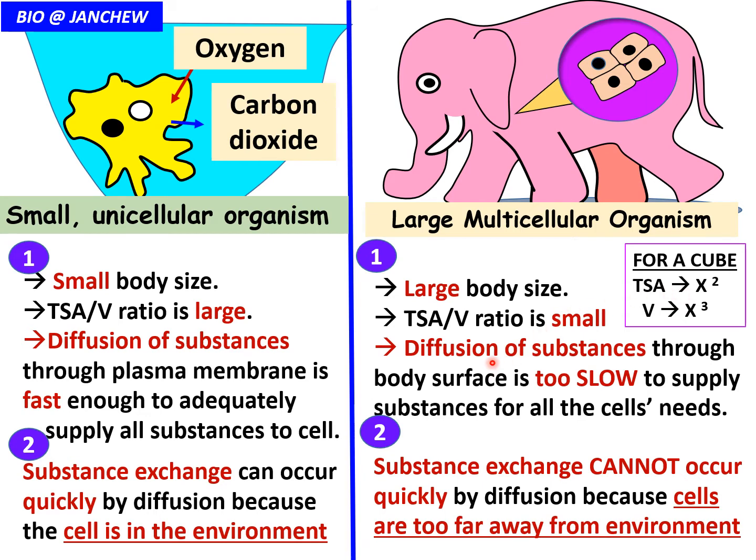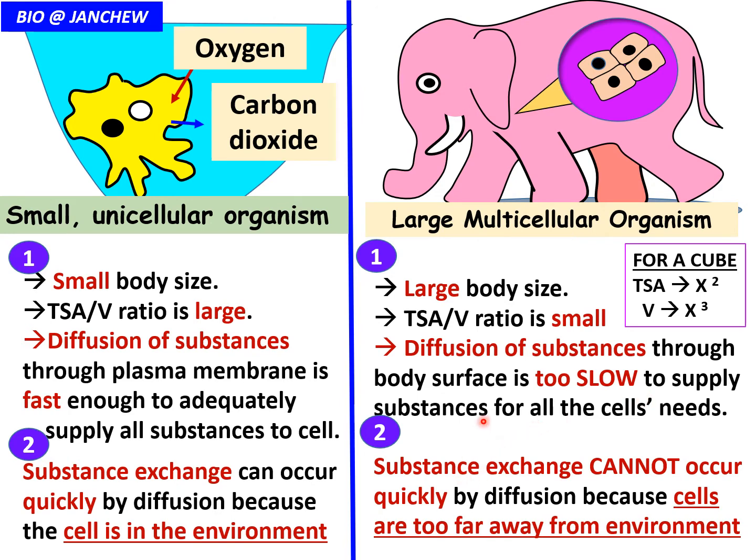Thus, if an organism like an elephant were to depend on diffusion of substances through the body surface, for example, diffusion of oxygen through the external body surface, the diffusion of the substances will be too slow to supply all the substances that are needed by the cells, which will be very large in number. There will be a lot of cells because the volume of the body is big, alright? So the cells' needs will be much greater.